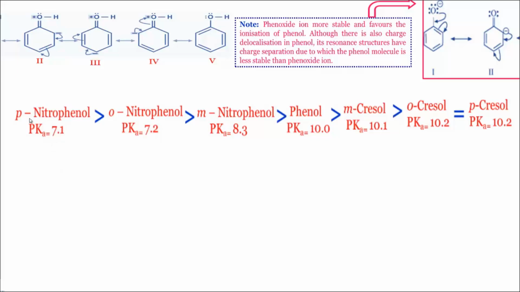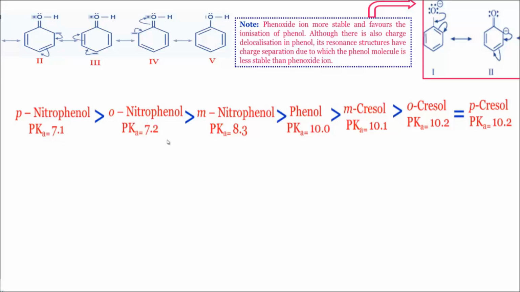Now from para-nitrophenol to ortho-nitrophenol, we can see the pKa value has increased. That means the pKa value is becoming more and more. So higher the pKa value, weaker the acid. So in comparison with para-nitrophenol, ortho-nitrophenol is weakly acidic.